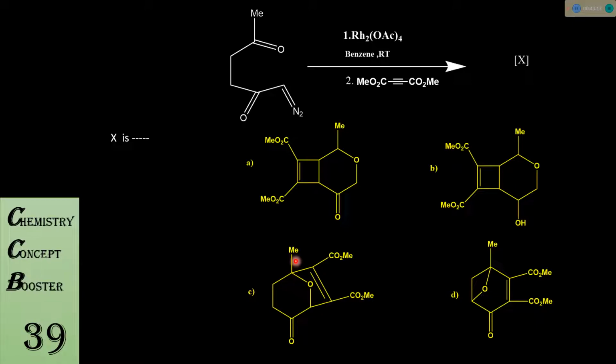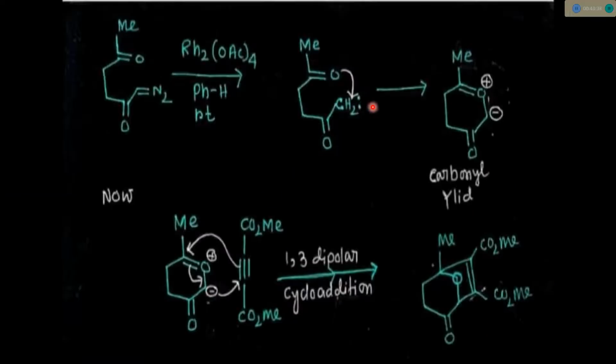This is a simple reaction. One point I have to mention: if we use copper acetate, a copper salt, then this carbene will also form. So if there is a diazocarbonyl compound, then in the presence of a rhodium or copper metal complex, it will form a carbene. Since the carbene carbon is electron deficient, this oxygen lone pair gives electrons to the carbene, forming a carbonyl ylide.